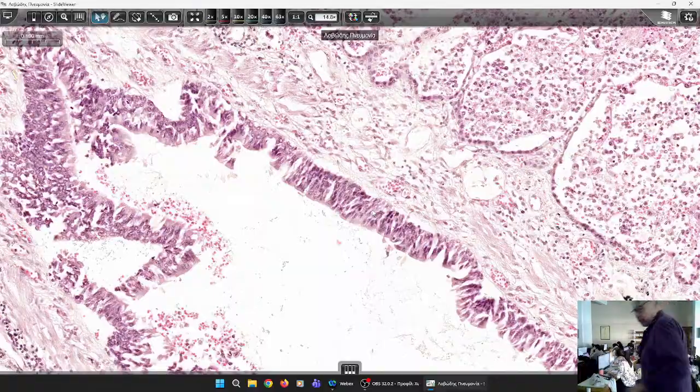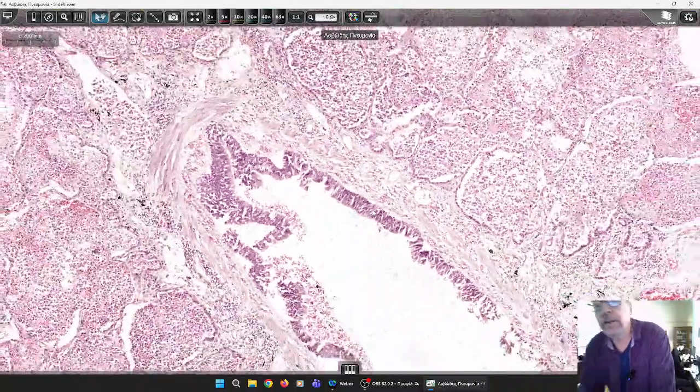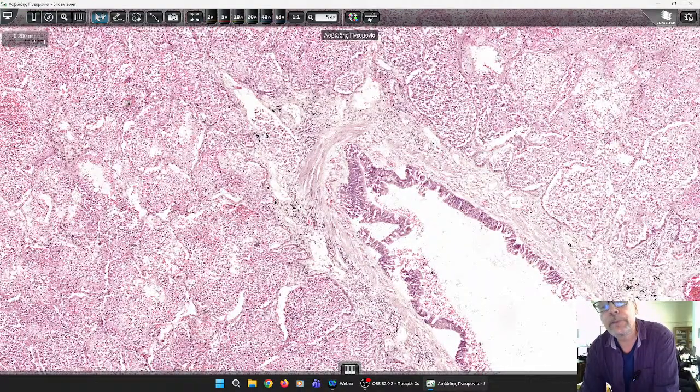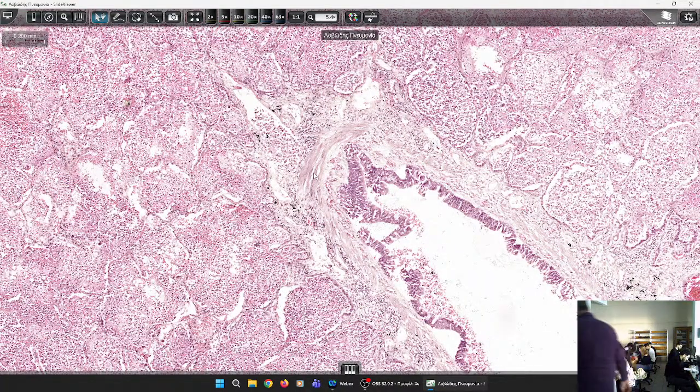So this is a bronchus, and you see here in the wall of the bronchus this tissue, which when it contracts, we have bronchoconstriction, as it happens in asthma, all right?